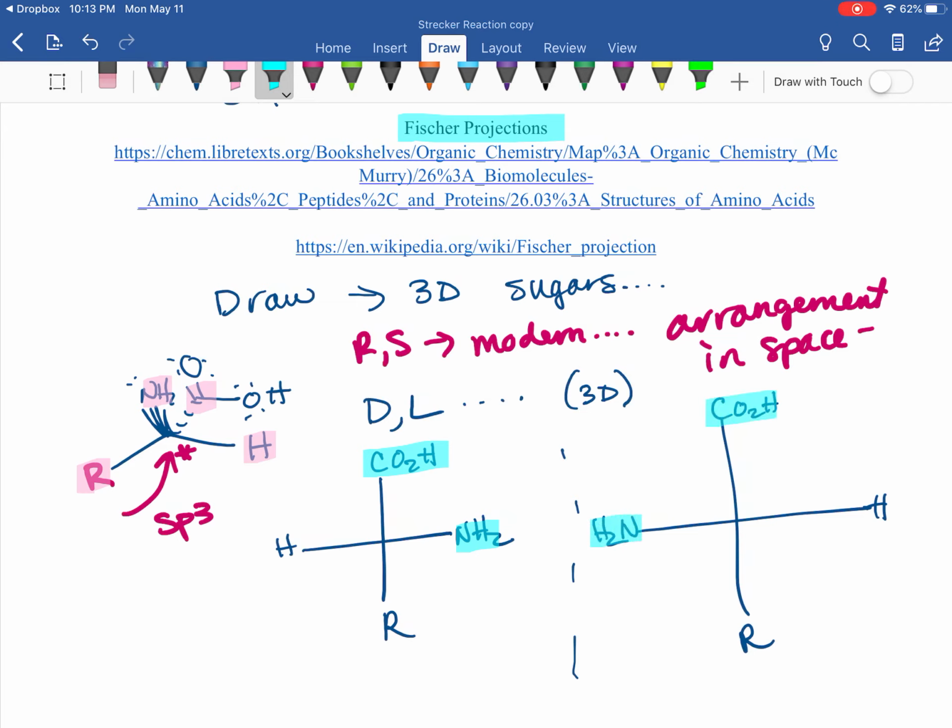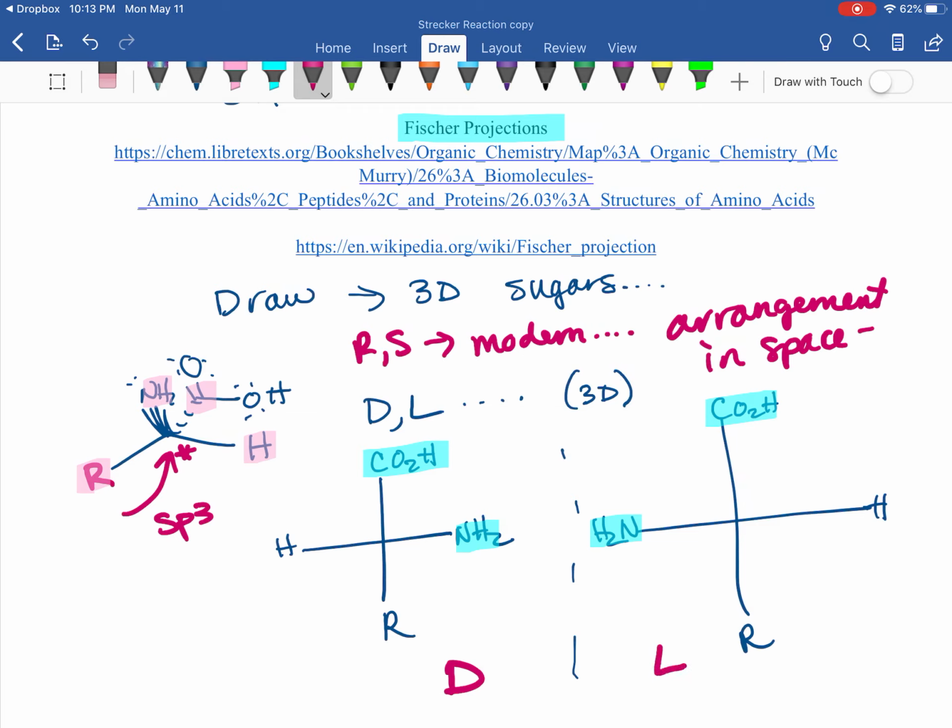So this only works because you always have two groups that are the same. So you can have a set rule for which one goes where, and that's where this designation is.